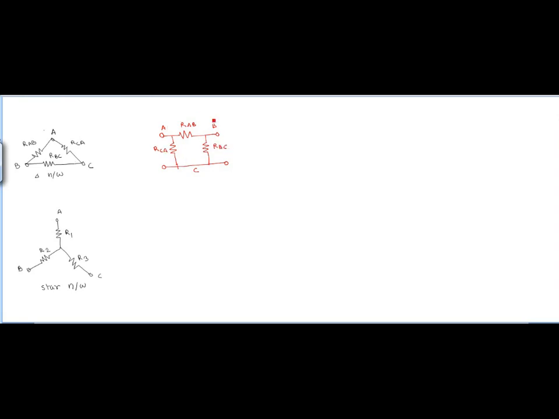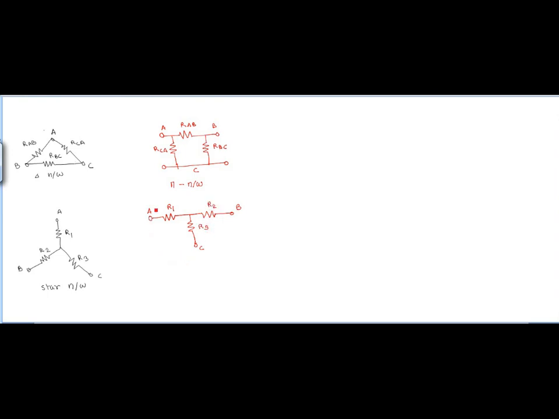Now this network looks like the Greek alphabet pi. That's why it is named as pi network. Similarly, we can read this star network like this. Now this is terminal A, this is terminal B, this is terminal C. This is resistance R1, this is resistance R2, this is resistance R3.